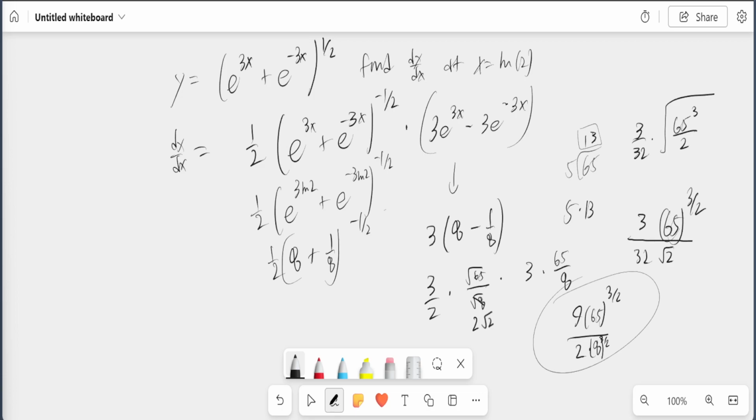Let me try integrating what I got for my derivative and seeing if that does something. Oh, wait, no, that doesn't work. Okay, integrate. e to the 3x.